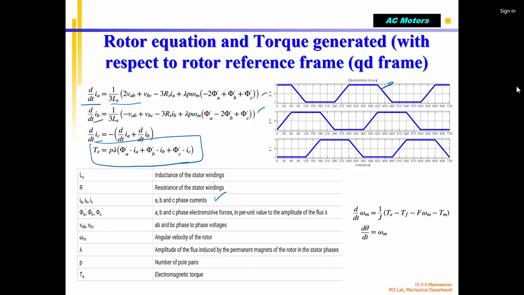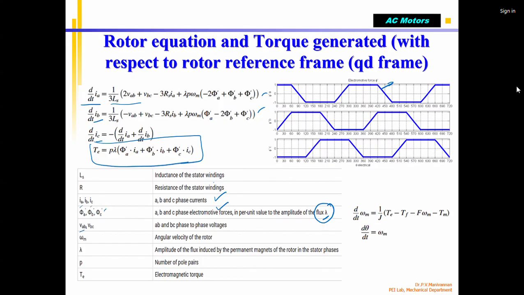Phi A, phi B, phi C are the electromagnetic force created in the stator field due to the magnetic flux supplied. Lambda is the magnetic flux supplied by the rotor. The rotor is only one magnet, and that magnet is rotating. That flux density decides the magnetic flux created, the back EMF, all these things.